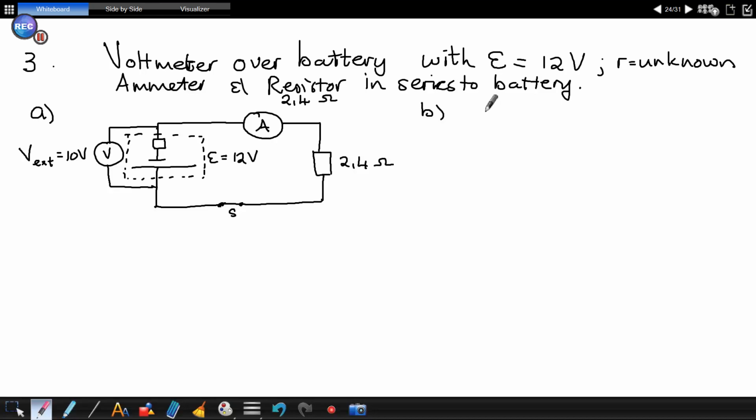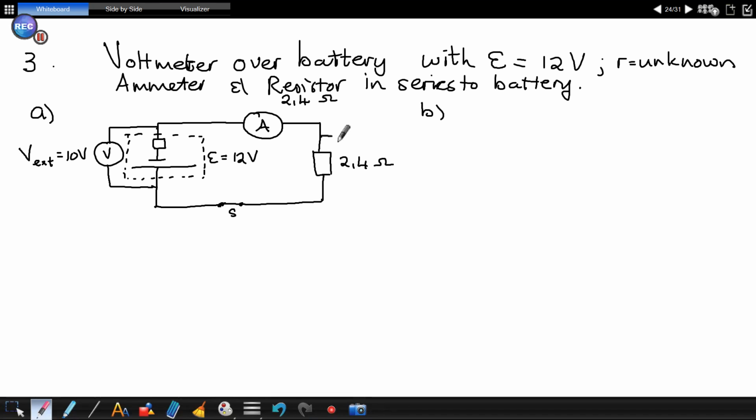What's the reading on the ammeter? E equals V external. Can I do this? No. I can. You can use I equals V over R. Yes, I can use, because this is the only resistor in the circuit, am I right?